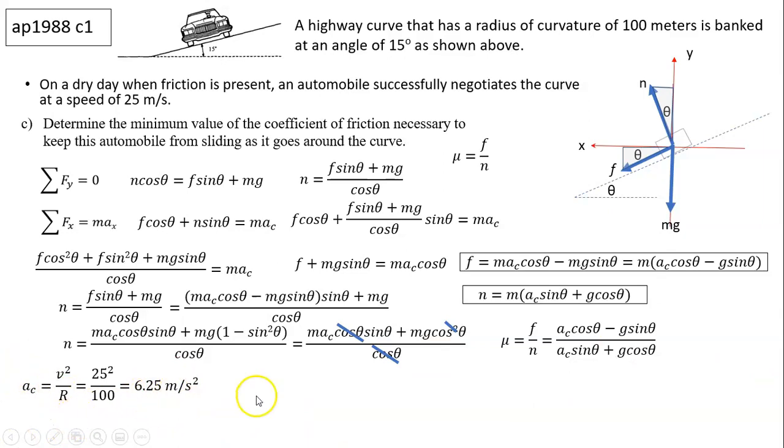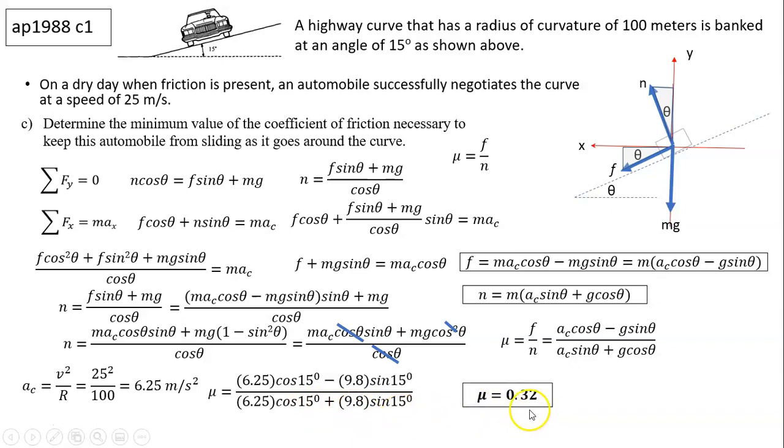That gives 6.25. So the next part, simply plug all the numbers in. Mu equals 6.25 cosine 15 degrees minus 9.8 sine 15 degrees, divided by 6.25 cosine 15 degrees plus 9.8 sine 15 degrees. And that gives us mu equals 0.32.